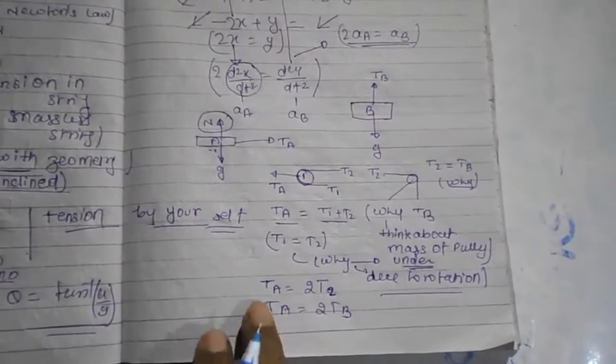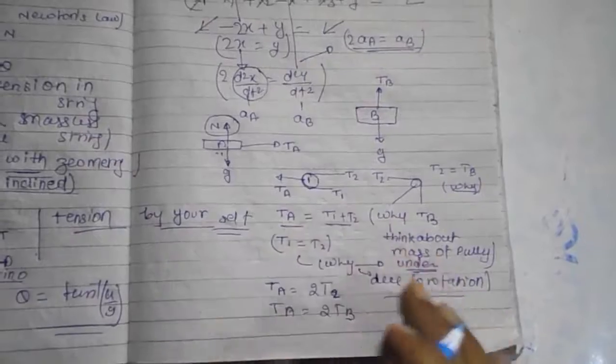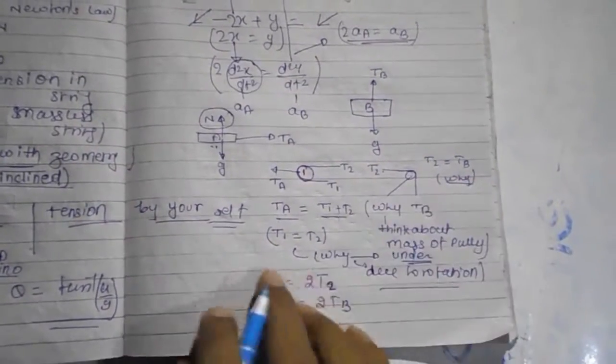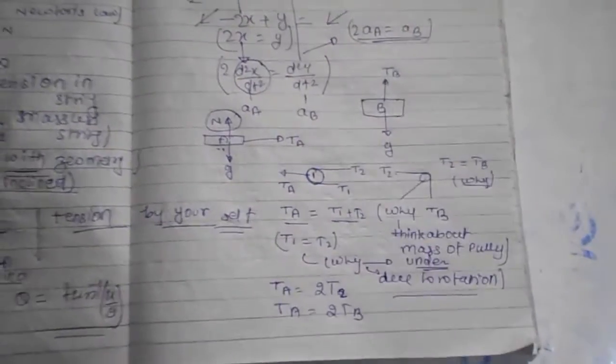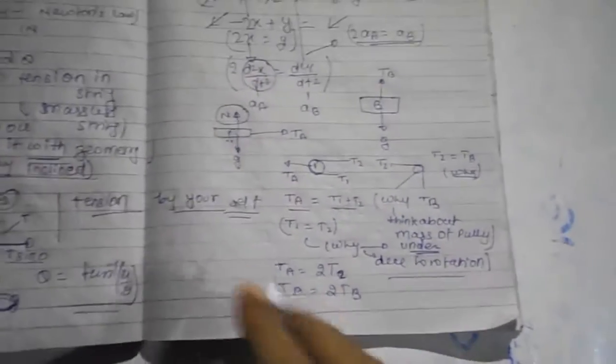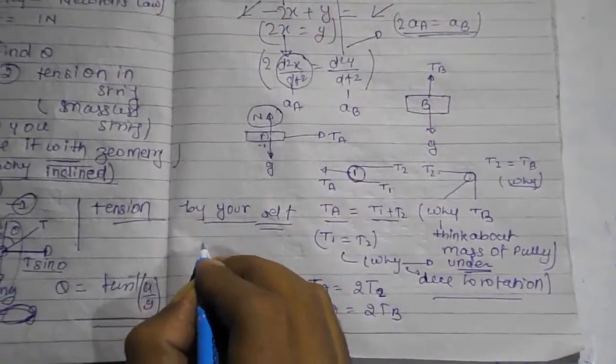So now I have drawn the free body diagram, and now we have enough information in equation. Now we should write down some more equations.